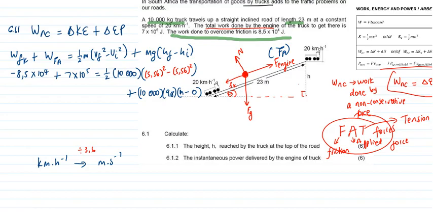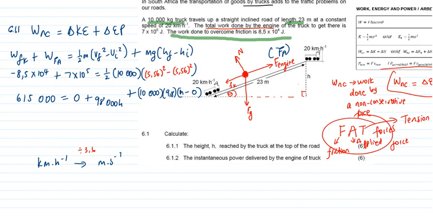So you're gonna have negative 8,5 times 10 to the power 4 plus 7 times 10 to the power 5, and then you get that is 615,000, and then here it's gonna be 0, and then here you're gonna have 10,000 times 9,8, you get 98,000, and then you put the H there.